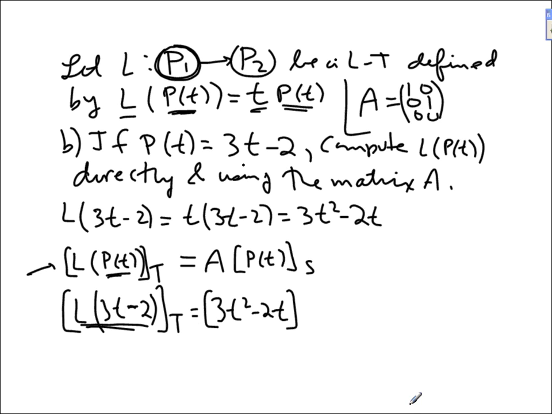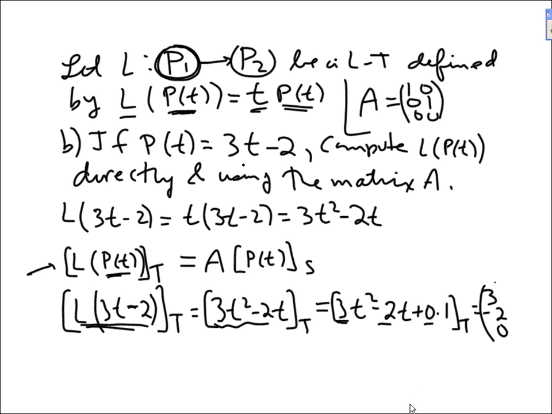And this with respect to t, well, remember, this here is 3t squared minus 2t plus 0 ones. With respect to the basis t is going to be 3, negative 2, 0.